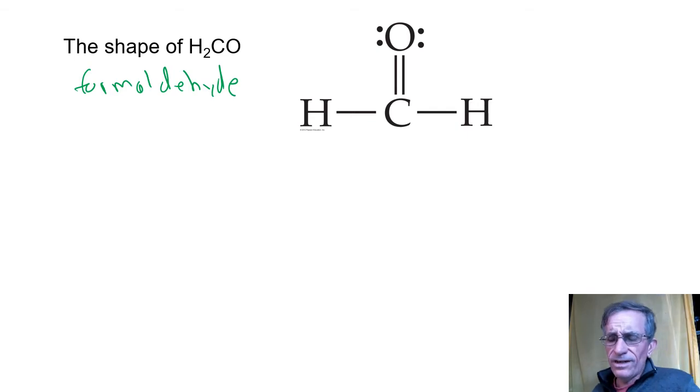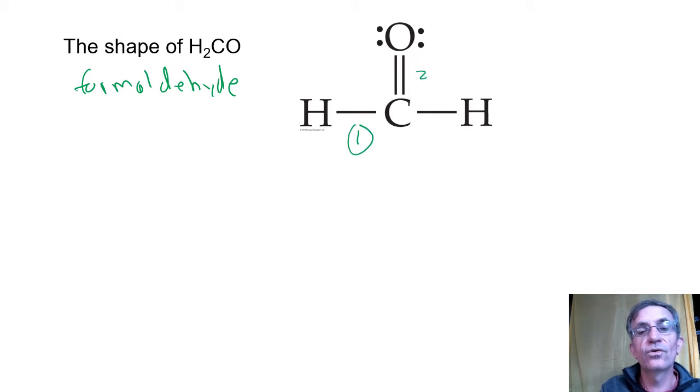In this case, what's the best way for these areas to get away from each other? Where you want to start is to count how many areas contain electrons. In carbon dioxide, there were two areas around carbon with electrons. This time there is one area, two areas, three areas.